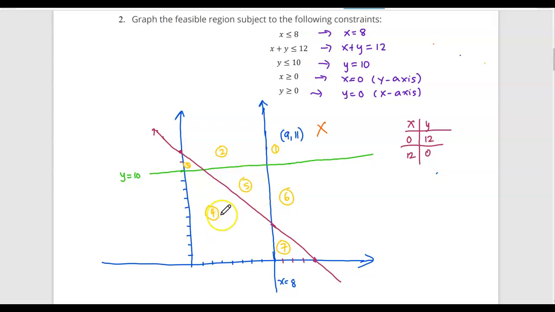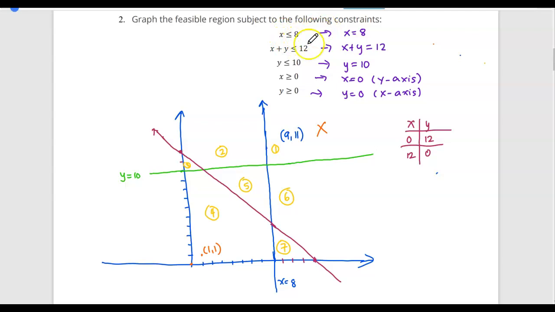Let's choose region 4 because it's easy. Let's consider the point 0, 0 as your test point, or the point 1, 1. Let's just do 1, 1. When x is equal to 1, you have 1 less than 8.